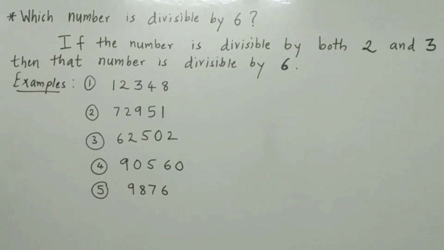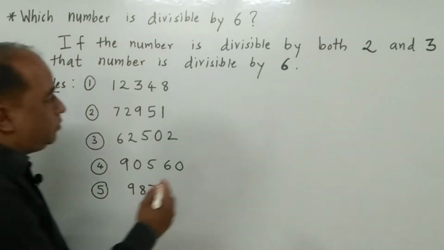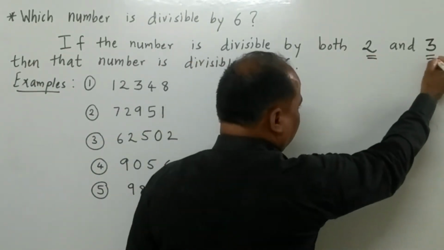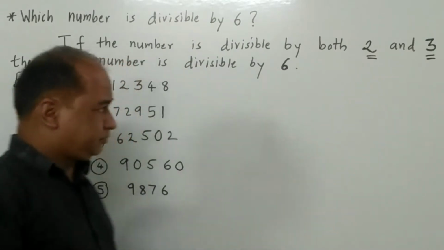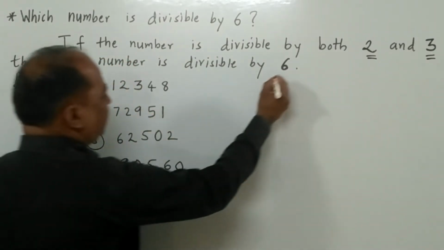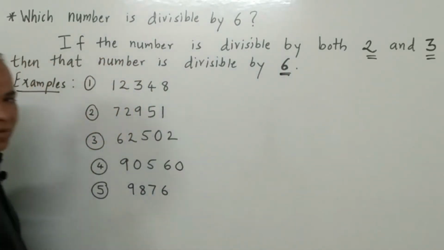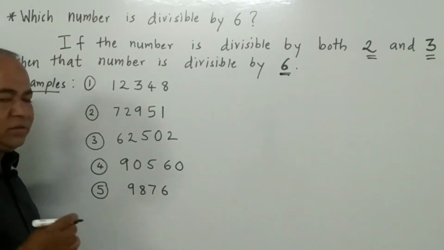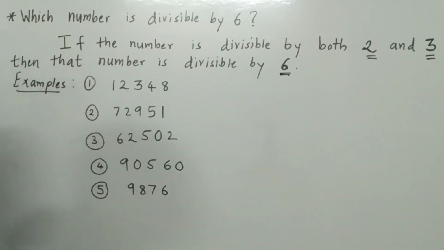Let us see which numbers are divisible by 6. If the number is divisible by both 2 and 3, then that number is divisible by 6. If the number is divisible by both 2 as well as 3, then only that number is divisible by 6.